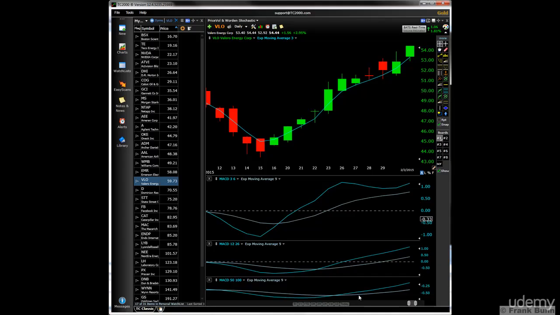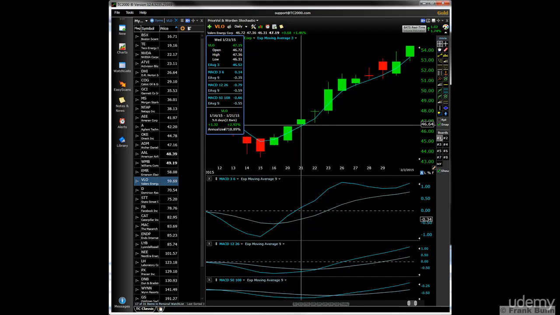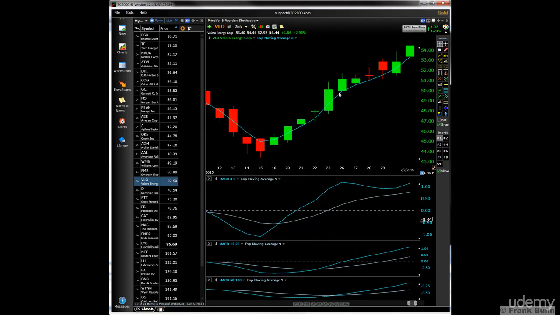Remember though, I have momentum. Furthermore, in terms of impulse, I have 1, 2, 3, 4, 5, 6 higher highs and higher lows in my impulse expansion phase. These setups are exceptionally probable and are likely to produce gain.